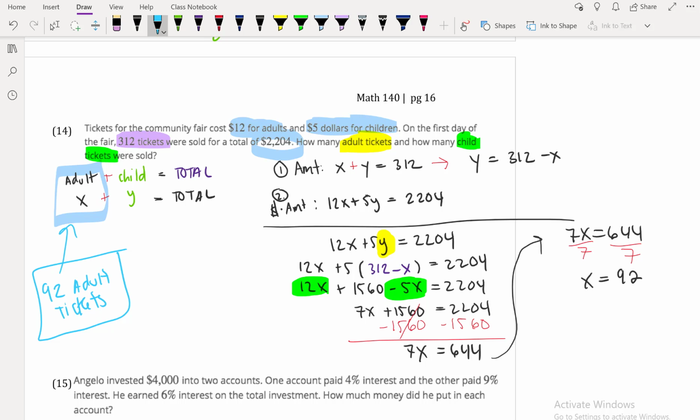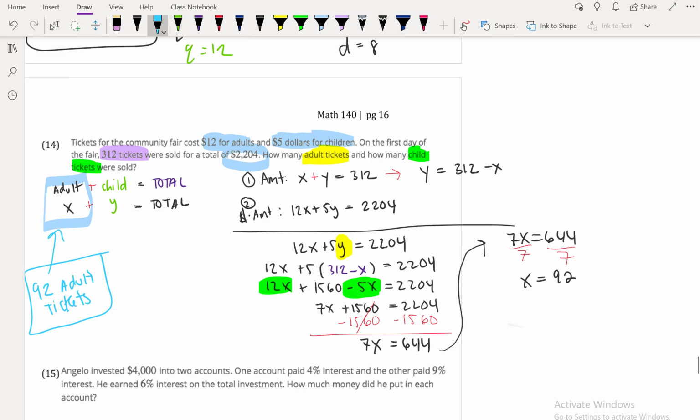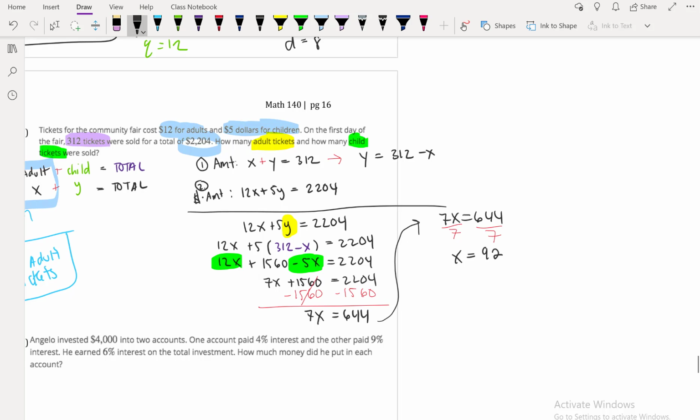Now I want to find out my child tickets. So for my child tickets, that would be representing my y equation. So here I already have that y is equal to 312 minus x, and I just told you that x is equal to 92, so I'm going to plug that in. So y is equal to 312 minus 92.